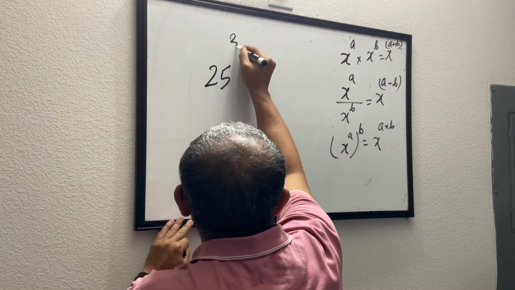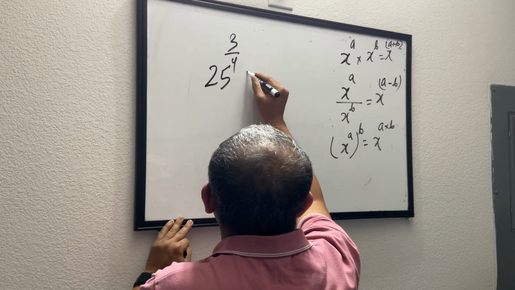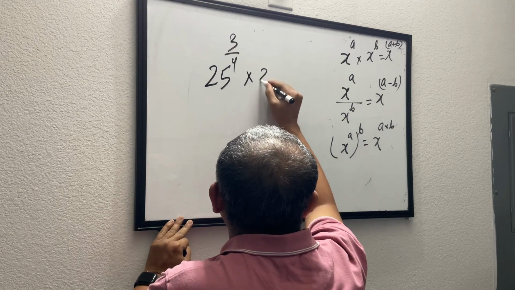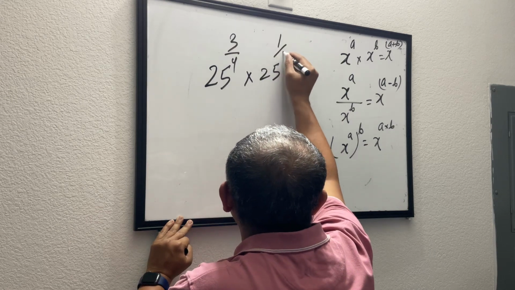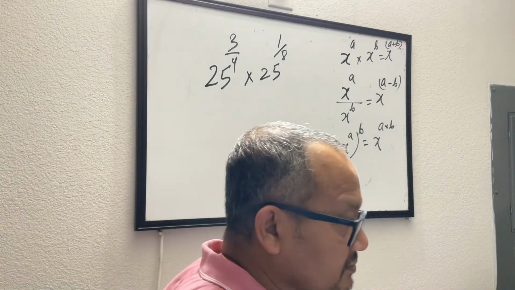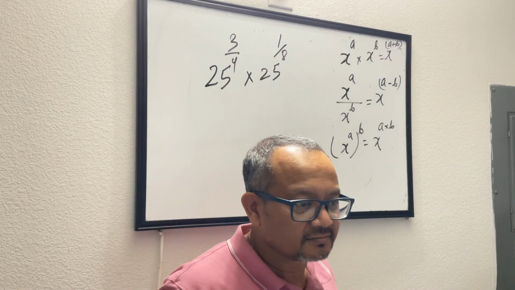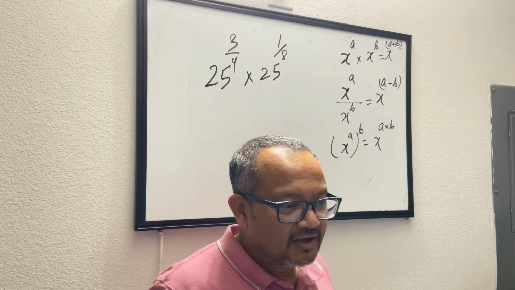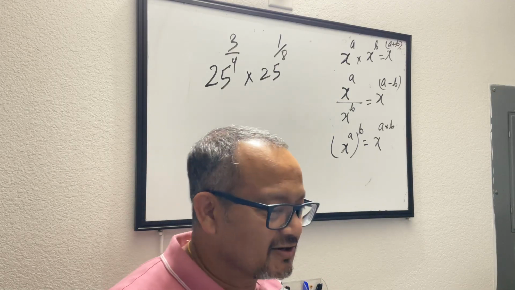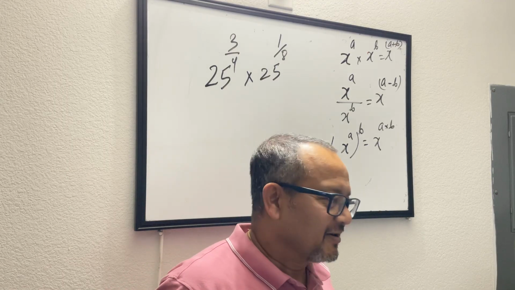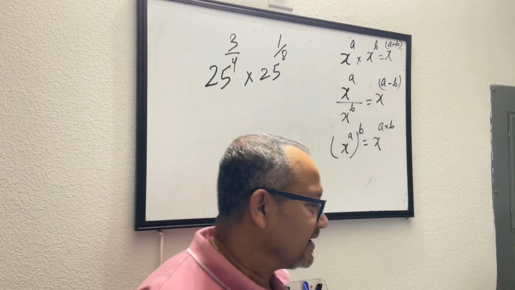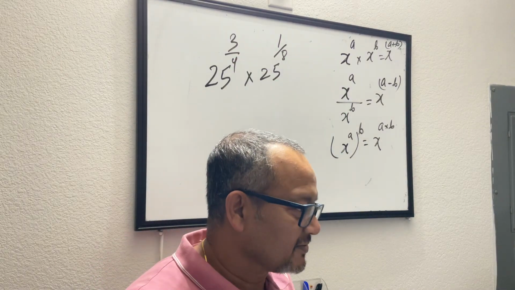Now, life takes a U-turn. 25 to the power 3 by 4 into 25 to the power 1 by 8. So far life was looking easier, amiable, friendly. It's getting difficult now.